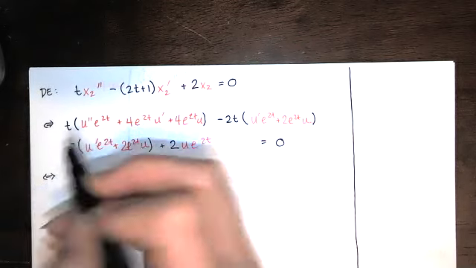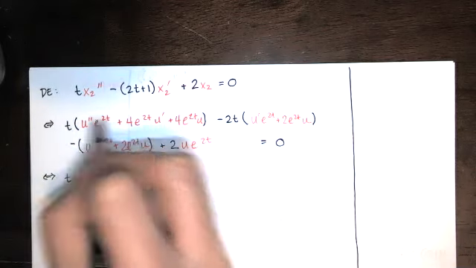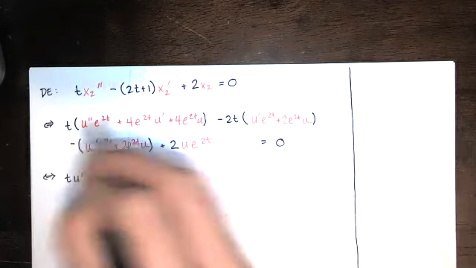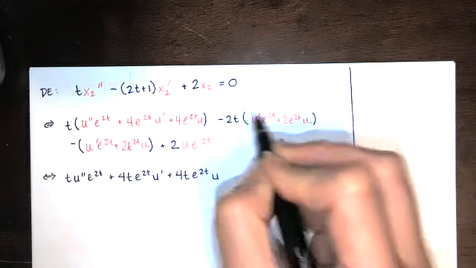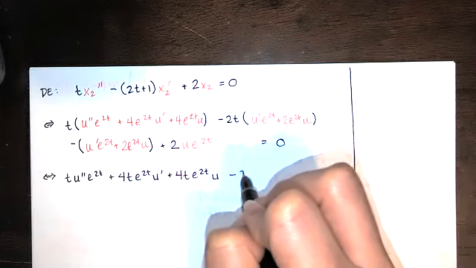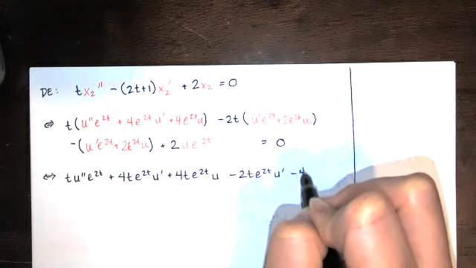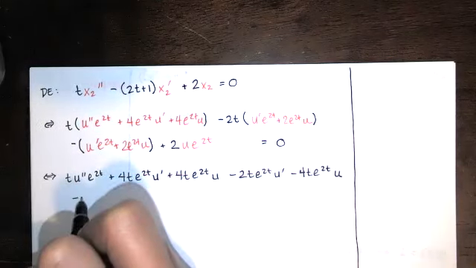So we'll have t times that expression plus t times that expression, and then t times that one. Distribute the 2t here. Distribute the negative there.